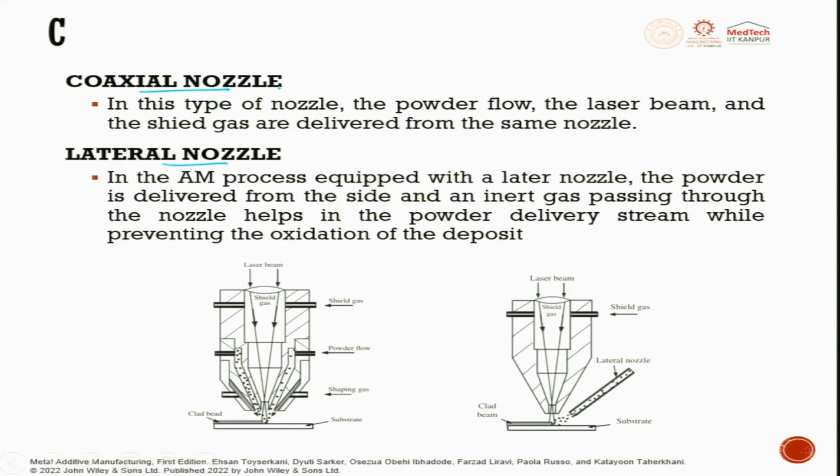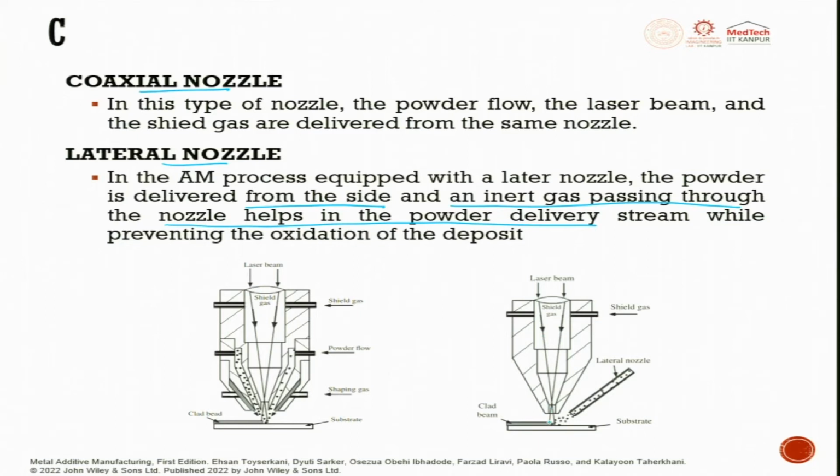What are lateral nozzles? In lateral nozzles, the powder is delivered from the side, and an inert gas passes through the nozzle, helps the powder delivery stream while preventing oxidation of the deposit. So, what happens here? You will have a shielding gas also coming, then laser also coming.